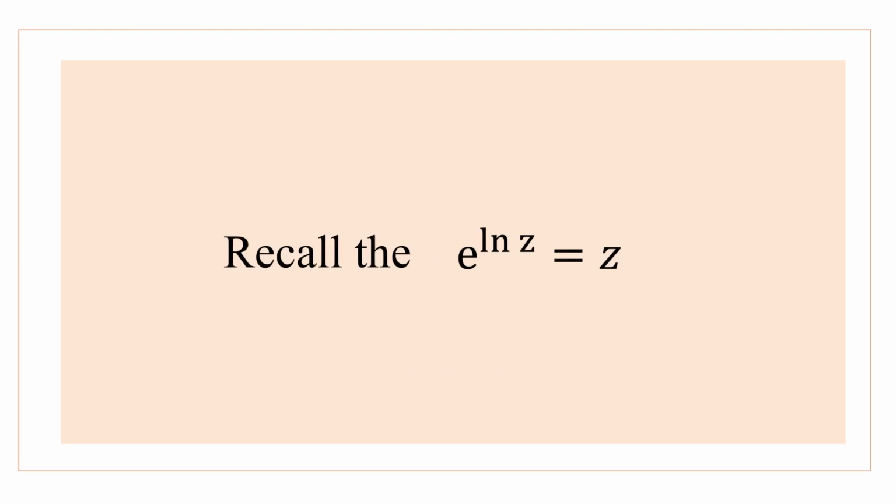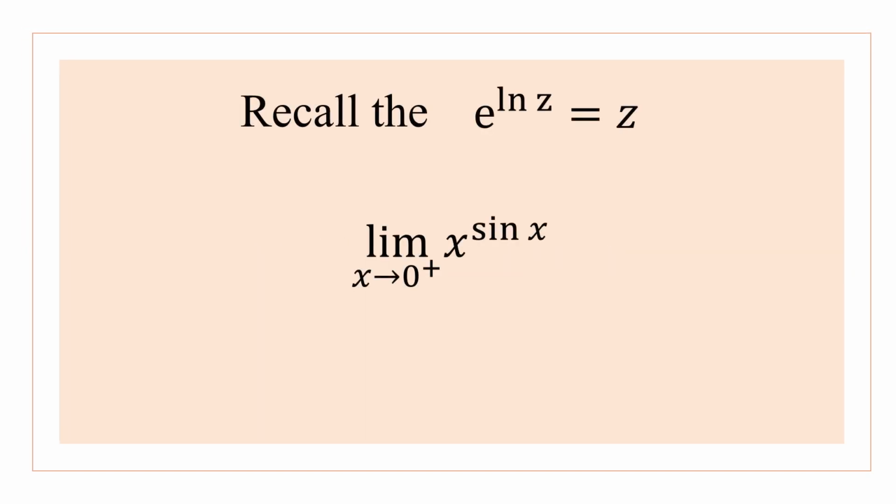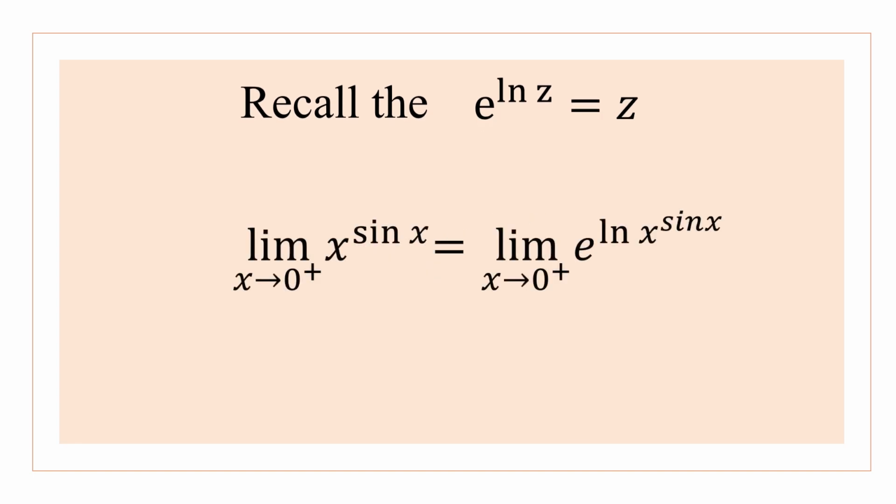Let's recall this: e raised to ln of z is equal to z. Here we are given the limit of x raised to sine of x as x approaches 0. Then we substitute it using the formula that we recalled earlier. So here we have the limit of e raised to ln x, and then raised to sine of x.